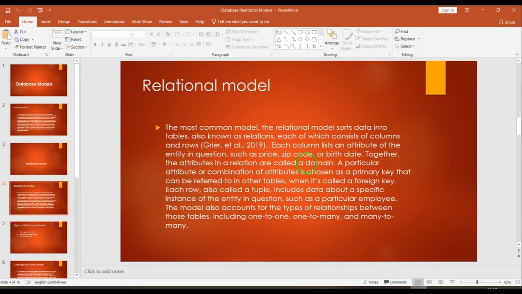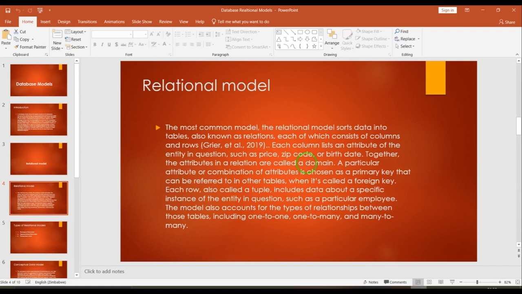The relational model sorts data into tables, also known as relations, each of which consists of columns and rows. Each column lists an attribute of the entity in question, such as price, zip code, or a birth date.